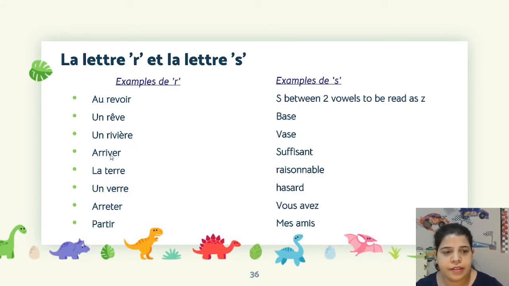Let's look at some examples. Rivière, arrive. It doesn't matter if there is a single consonant R or a double consonant or maybe ten. We don't have to overemphasize it. We just say it as if there was a single R in the words.